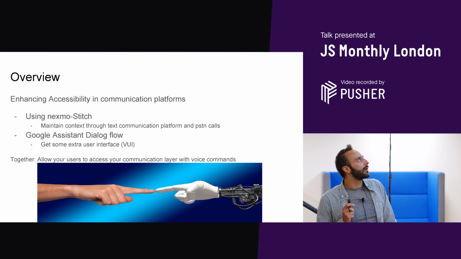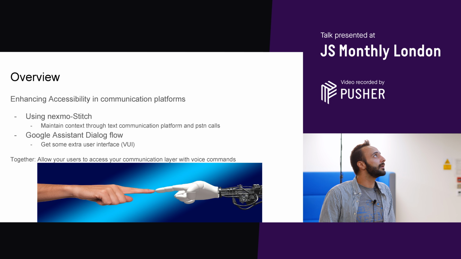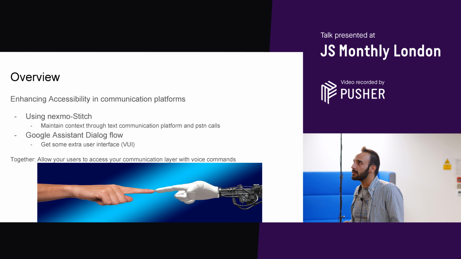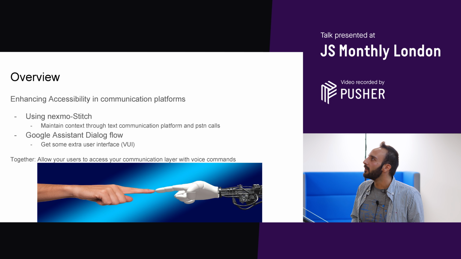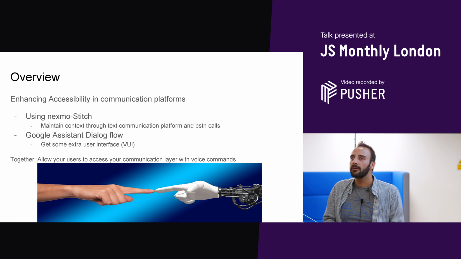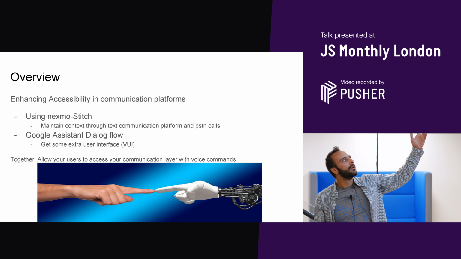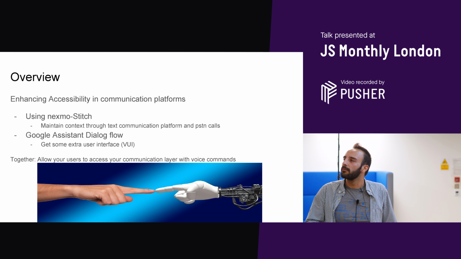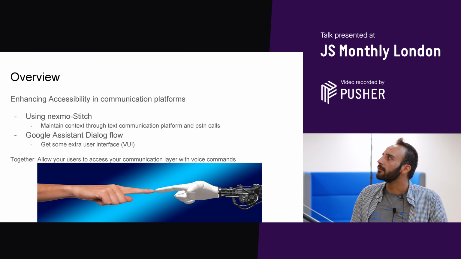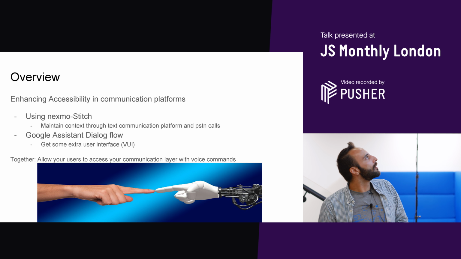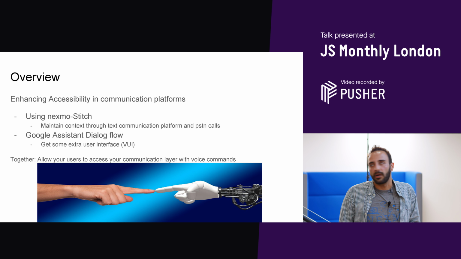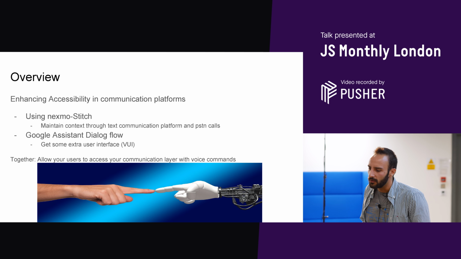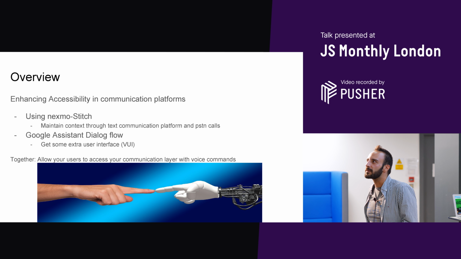And we are going to work also with Google Assistant to provide access, like one extra step into that platform of yours. So somebody can use their Google Assistant, Google Home, and just talk to it and get some context from that conversation.